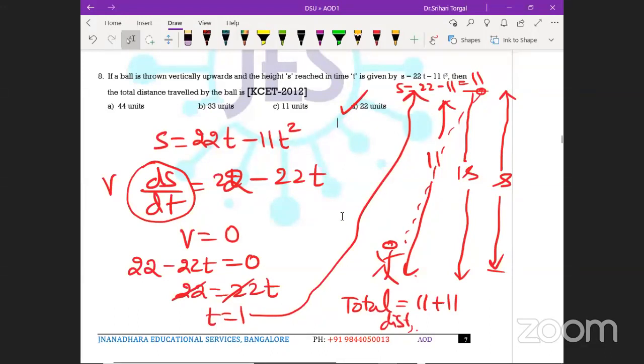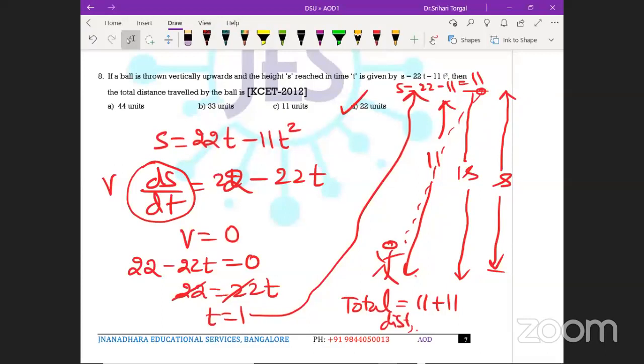The velocity will be equal to 0. A ball reaches the maximum height when... differentiate ಮಾಡ್ಕೊಳ್ಳಿ ಒಂದ್ಸರಿ ds by dt, that is 22 minus 22t after differentiation, and put that velocity as 0, because ಯಾವಾಗ ಬಾಲ್ ನಿಂತ್ಕೊಳ್ಳುತ್ತೆ ಮೇಲೆ ಟಾಪ್ ರೀಚ್ ಆಗುತ್ತೆ ಅವಾಗ ವೆಲಾಸಿಟಿ 0 ಆಗಿದ್ದಕ್ಕೆ ನಿಂತ್ಕೊಳ್ಳೋದು, ರೈಟ್? ಸೊ ಹಾಗಾಗಿ ಏನು ಬರೀತೀರಾ? v is equal to 0 ಬರ್ಕೋತೀರಾ.